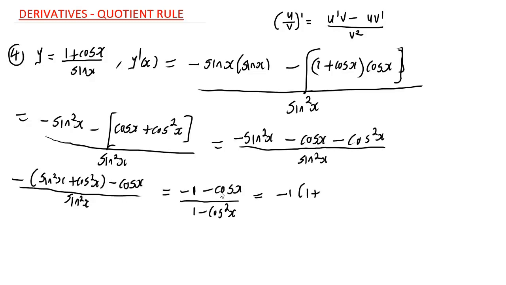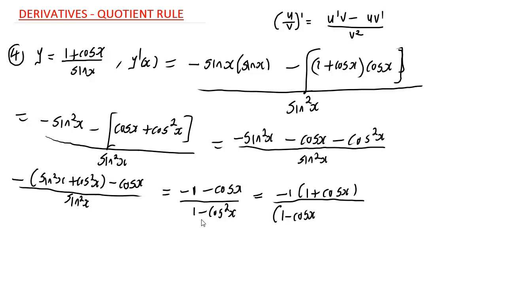Now on the numerator, negative 1 minus cosine s can also be written as negative 1 multiplied by 1 plus cosine s, then divided by 1 minus cosine square s. This can also be written as 1 minus cosine s multiplied by 1 plus cosine s, because 1 can also be written as 1 square.